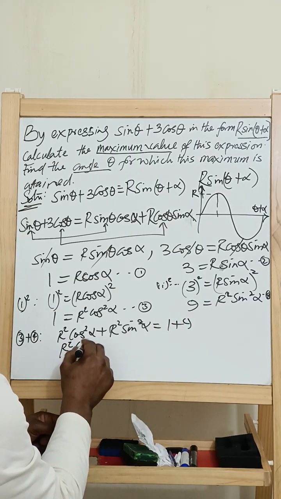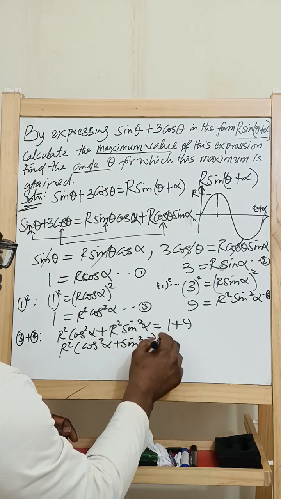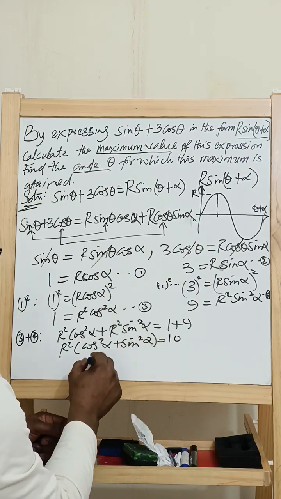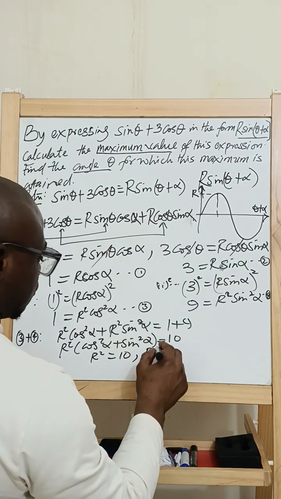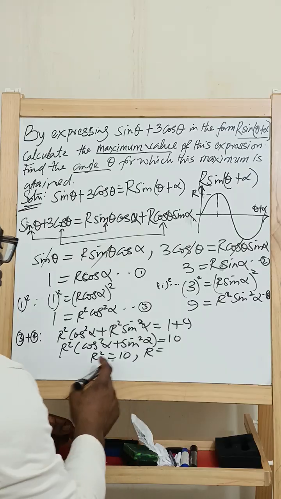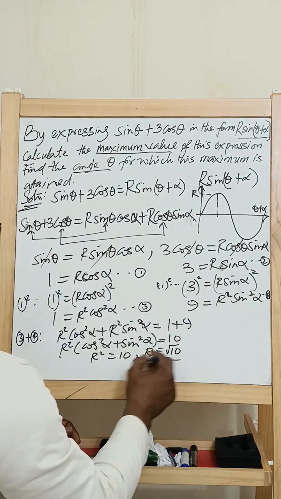So r squared times cos squared alpha plus sine squared alpha, which is 1, equals 10. So r squared equals 10, and r equals square root of 10.